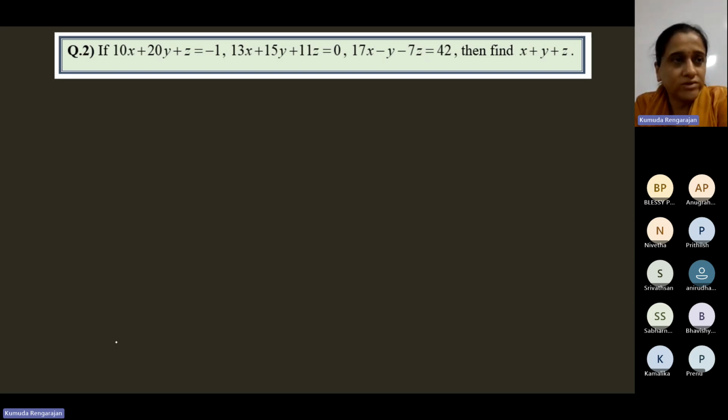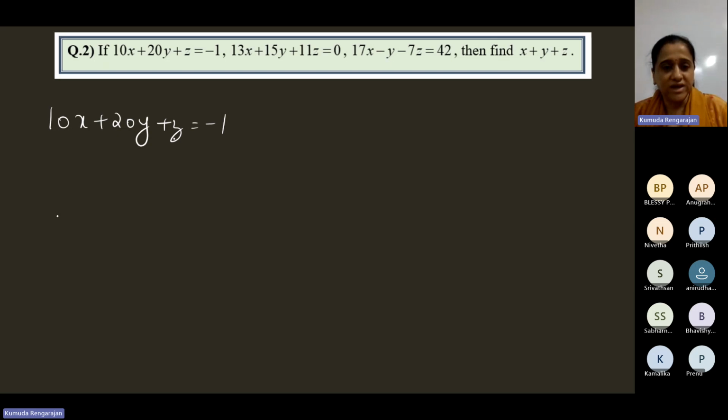So what we can do is take the first equation. Now write z. z is equal to minus 1 minus 10x minus 20y. This is correct. Now this is from the first equation.